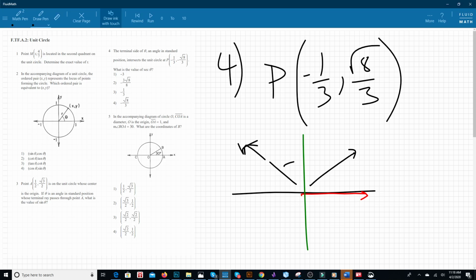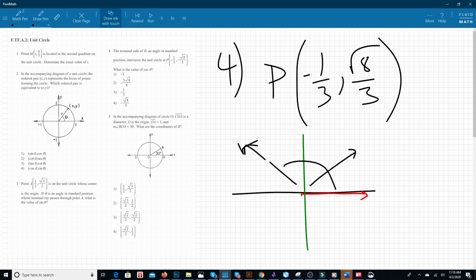This entire thing is my angle. I don't know if you guys see that. So I want to go through my terminal side, right?